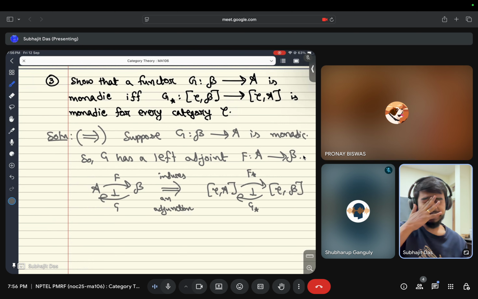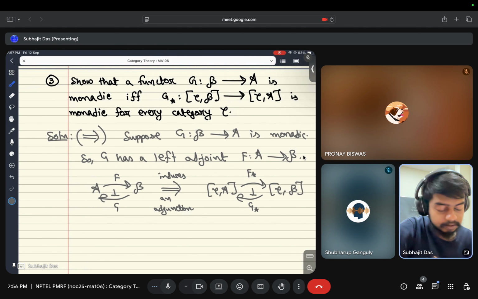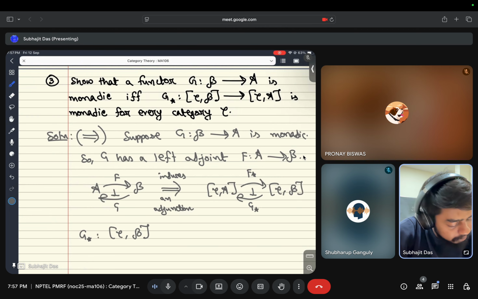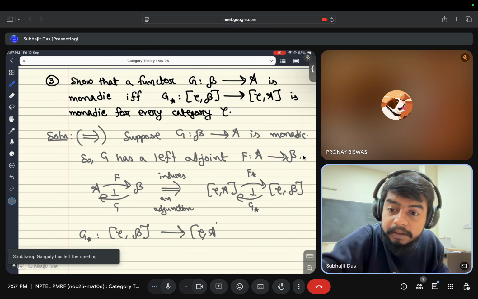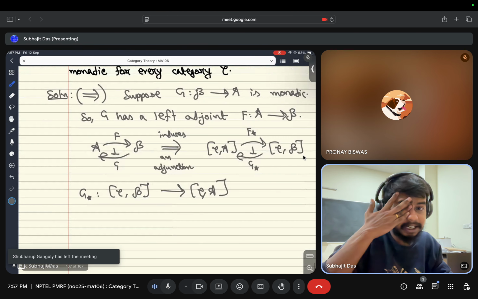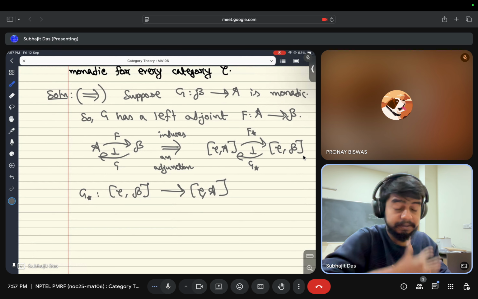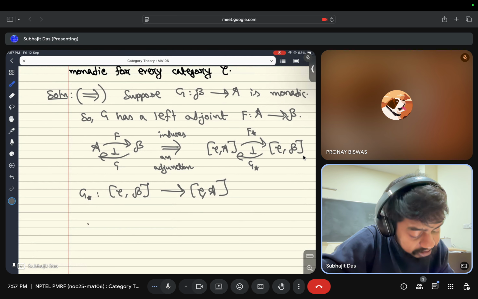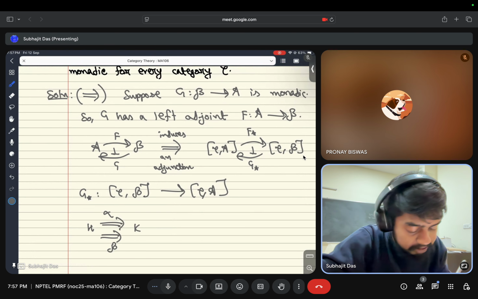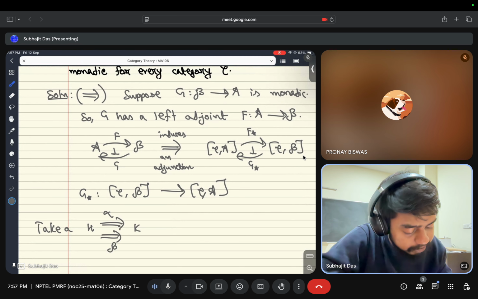Why does G star create co-equalizers of pairs whose image under G star is split? So G star is from C comma B to C comma A. Why does G star create co-equalizers for G star split pairs? Take H, take K, take two arrows alpha, beta, a parallel pair.